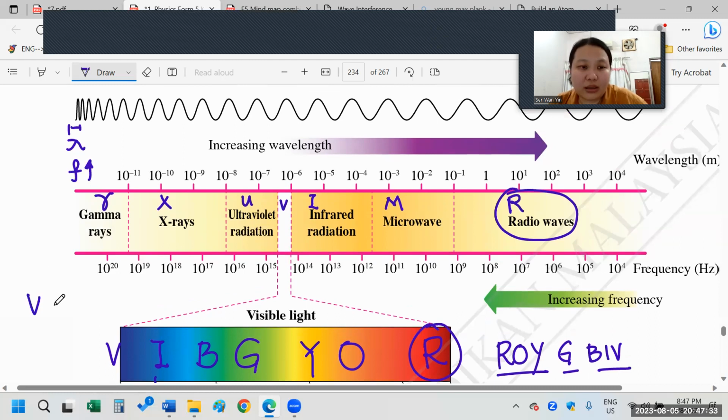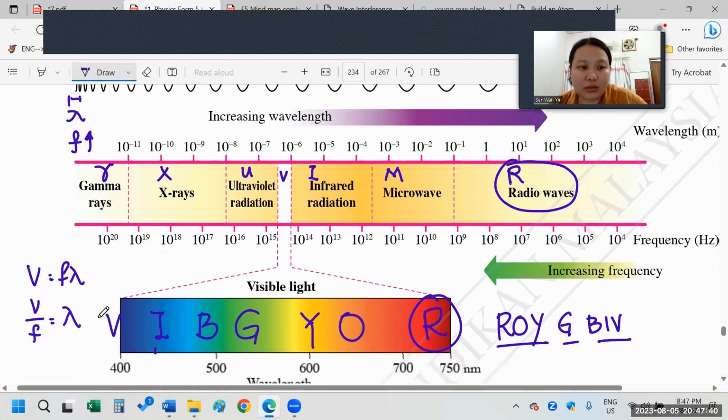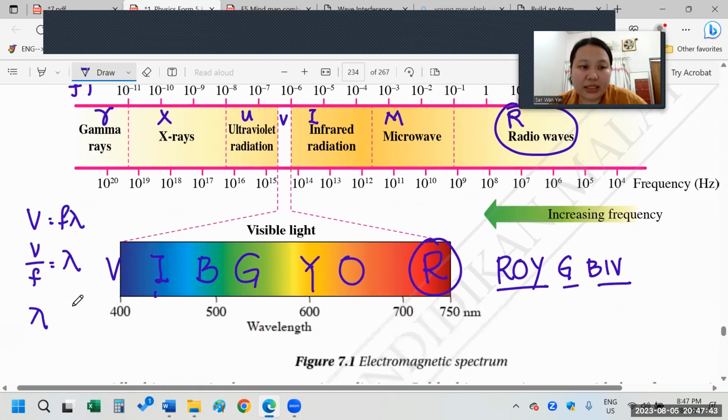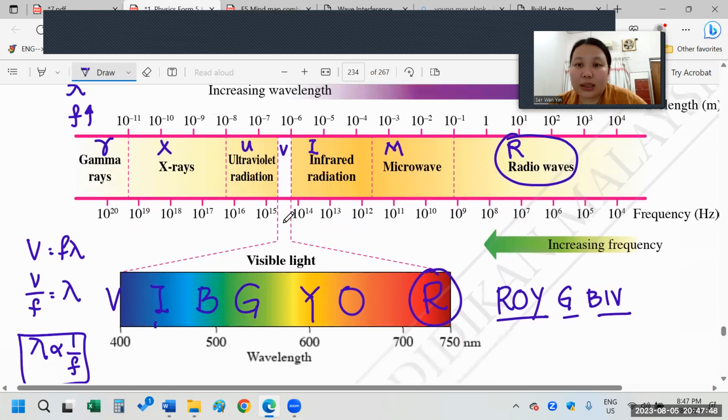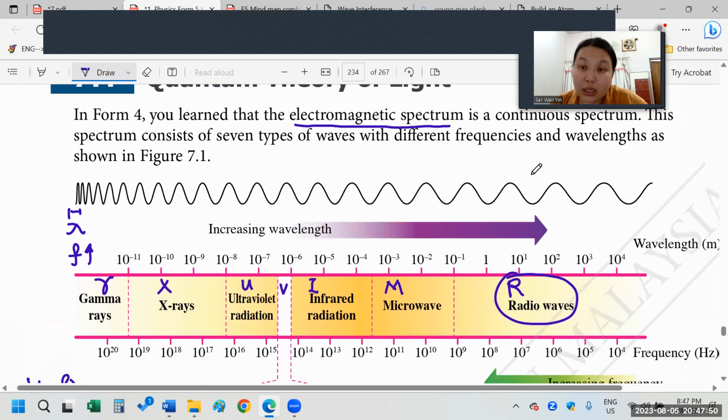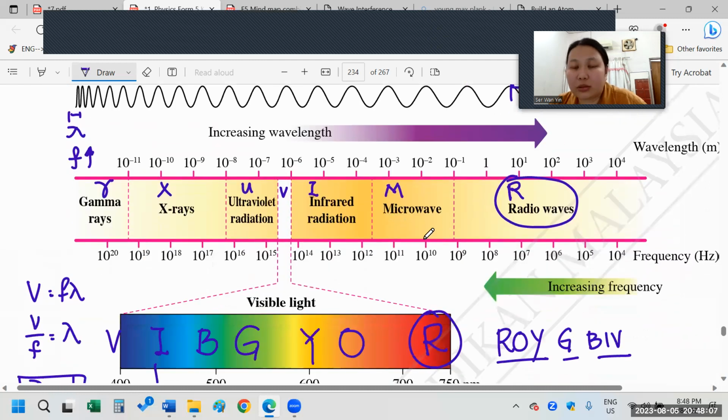We can use v equals f lambda, so v over f equals lambda. So lambda is inversely proportional to frequency. Longer wavelength, lower frequency; smaller wavelength, higher frequency. This is the basic, must know.